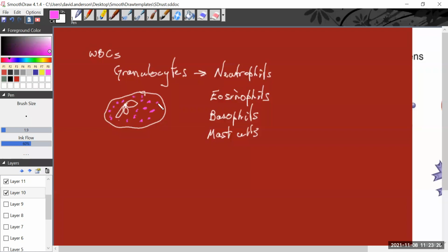Now, in some cases, these granules are enzymes that when they're released will contribute to an immune response, a defense response. And sometimes they're chemicals that will promote inflammation or promote platelet activity, that sort of thing. So granulocytes show up with granules. And these are all white blood cells that will be involved with defense.